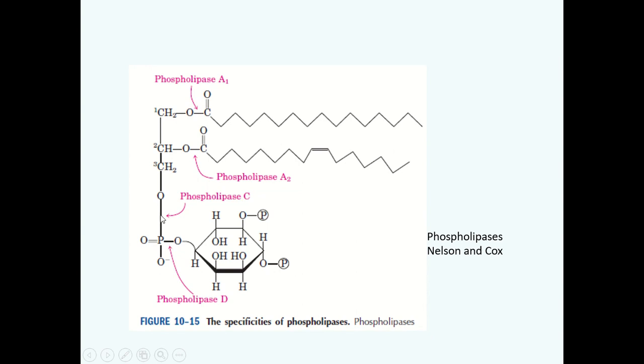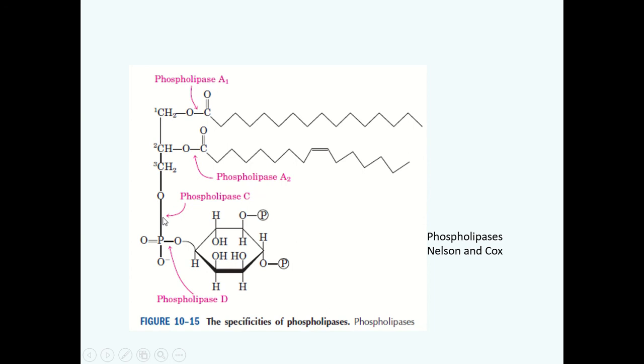We have previously talked about phosphatidyl inositol, the structure of which is shown here. This polar head group attached here is inositol. Through cell signaling, the enzyme phospholipase C is activated. This enzyme carries out the hydrolysis of this phosphate bond and releases inositol triphosphate.